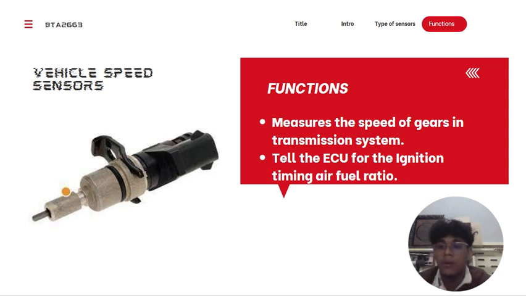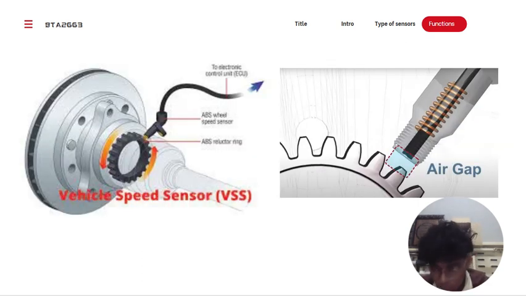Next, we will be talking about the vehicle speed sensor. This vehicle speed sensor measures the speed of gears in the transmission system. It will tell the ECU for the ignition timing and air-fuel ratio. Vehicle speed sensors in cars are integral components that monitor the speed of the vehicle by detecting the rotation of specific components, such as the wheel or transmission output shaft.